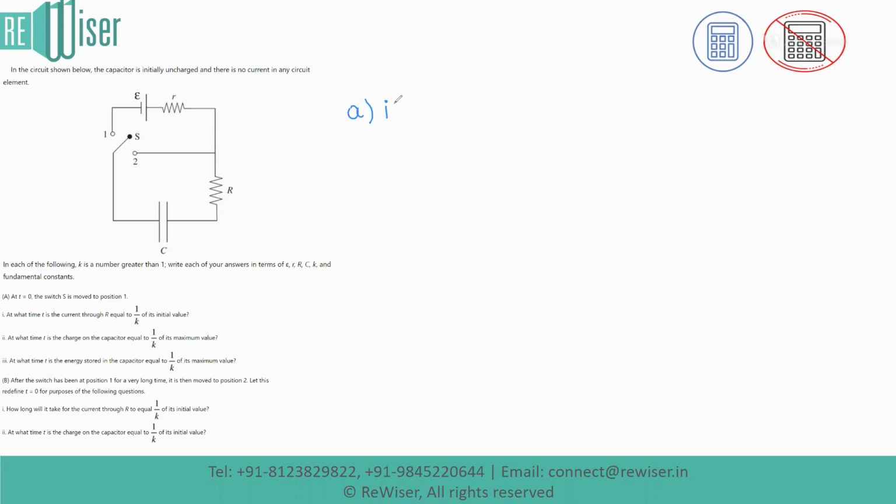Now, we know that the current I at any given time t in an RC circuit is given by the formula I of t equals I naught, which is the maximum value of current, times e to the power of minus t by tau.